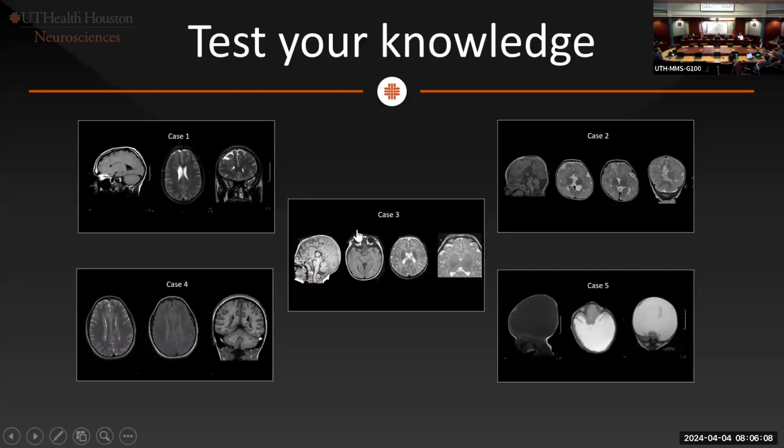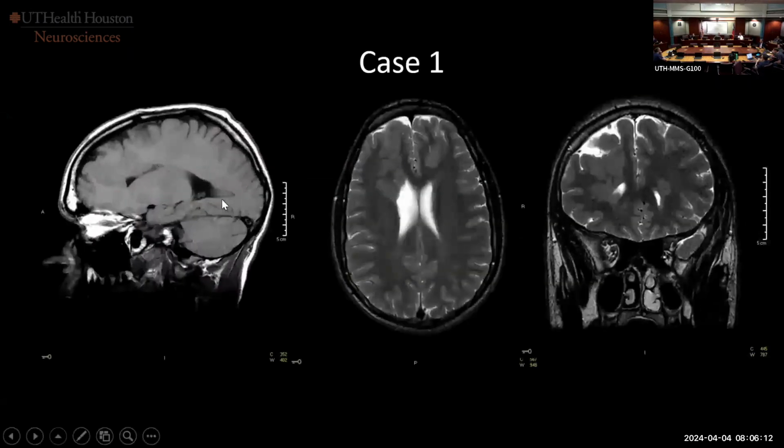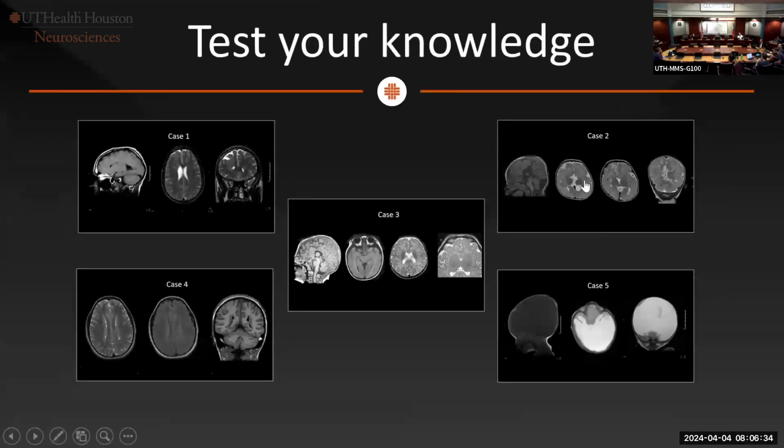Let's start with these 4 cases, and this is the first one. Like always, just write them down if you want. Just see if you know what you're going to say, and at the end we'll review them again and see if we were right or wrong. This is the second case.